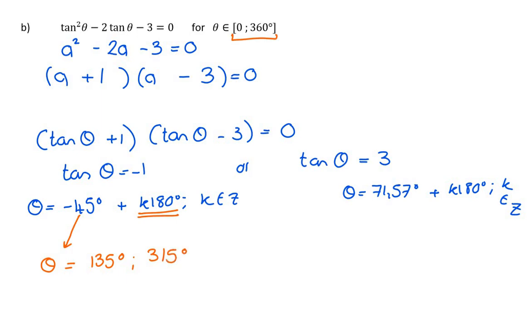Now there's no need for me to subtract 180s because it said from 0 upwards. So then if I continue with my 71,57, 71,57 is acceptable. And then if I add 180, I'll get an acceptable answer of 251,57 degrees. And then if I add more 180s, I get bigger than 360. So there's 4 answers that are acceptable in this particular domain.